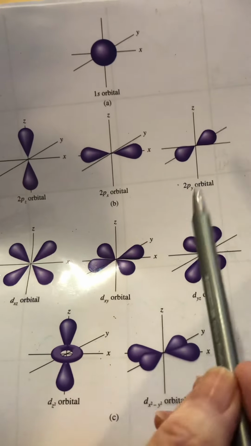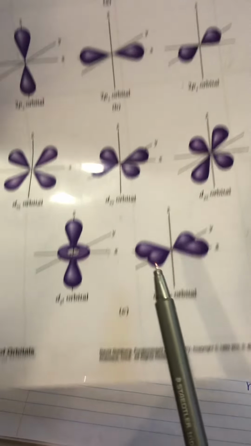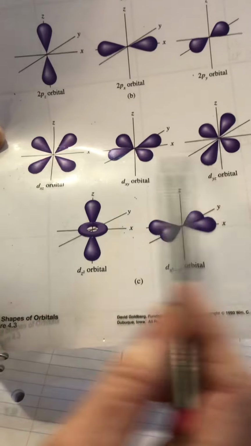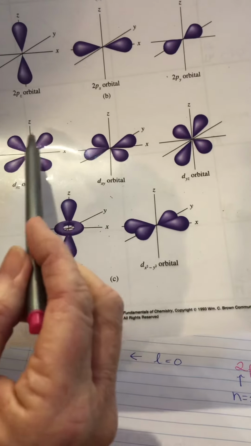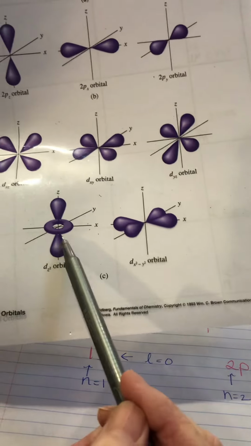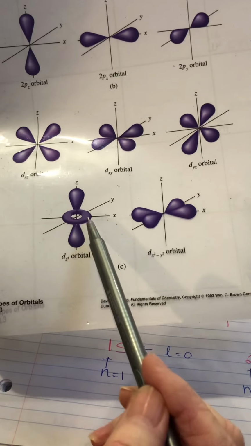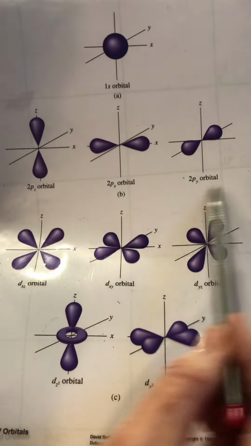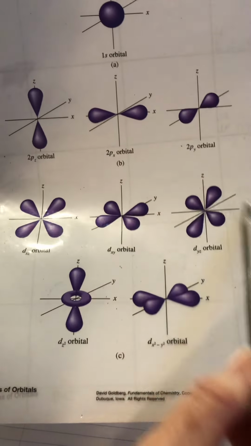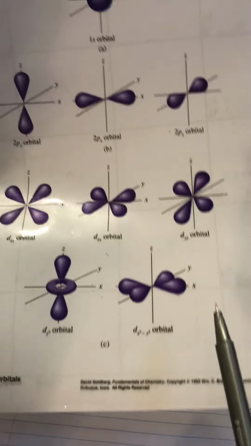They can be oriented in different directions. We'll talk about that later. You can also have, and this is a whole set of orbitals down here, that can be shaped like 4-leaf clovers, except for the one that looks like a dumbbell with a donut around it. So this is one set, this is a second set, and this is a third set. But those are the kind of shapes we're talking about when we talk about the L quantum number.